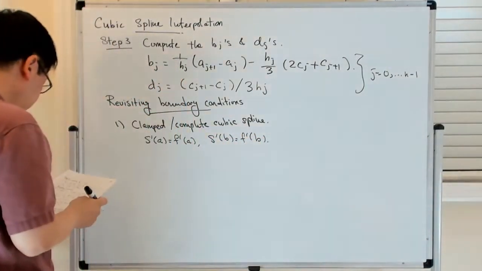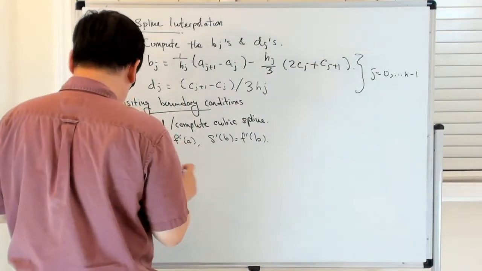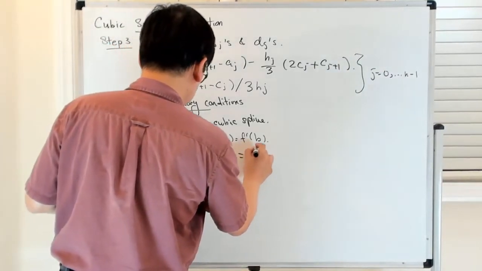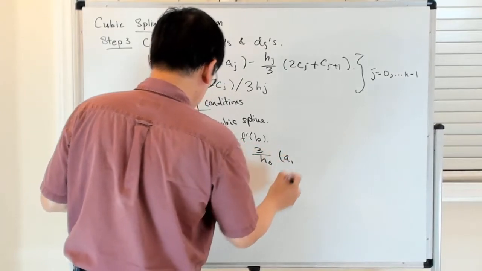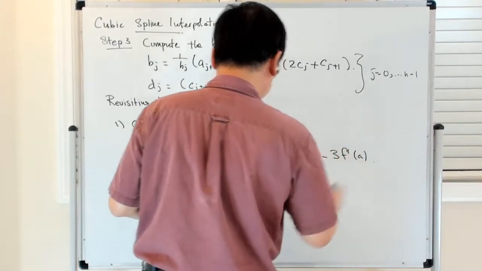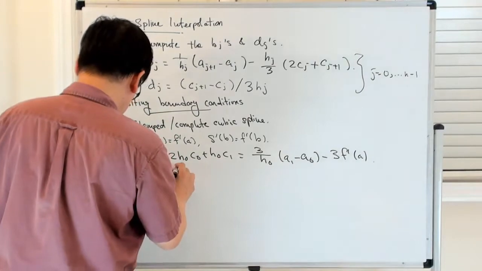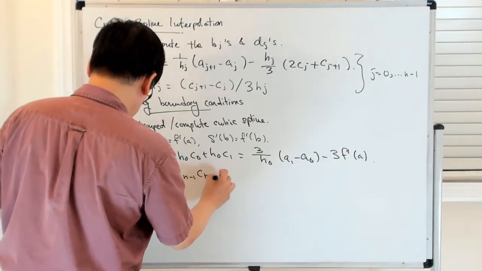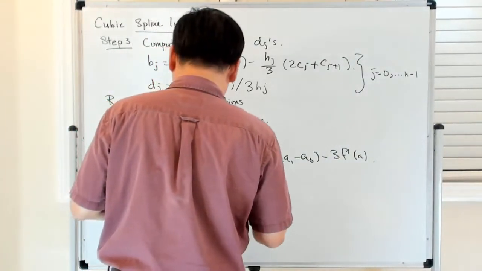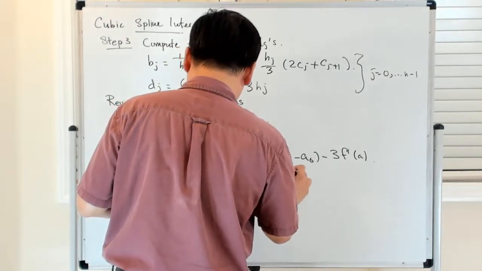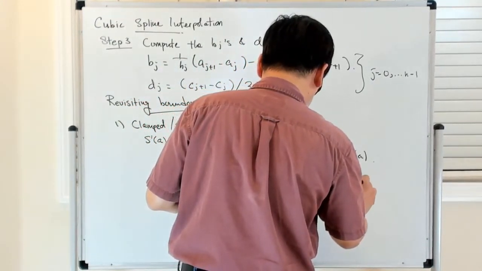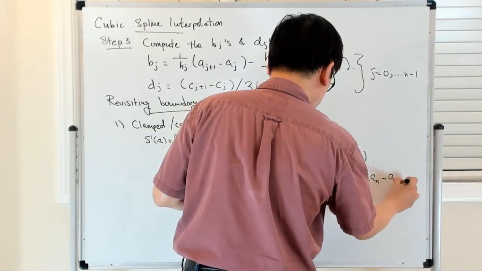In terms of the coefficients, what that does is add 2 additional equations, which say that 2h0c0 plus h0c1 is equal to 3 over h0 (a1 minus a0) minus 3f'(a), and h_{n-1}c_{n-1} plus 2h_{n-1}c_n is equal to 3f'(b) minus 3 over h_{n-1} (a_n minus a_{n-1}).